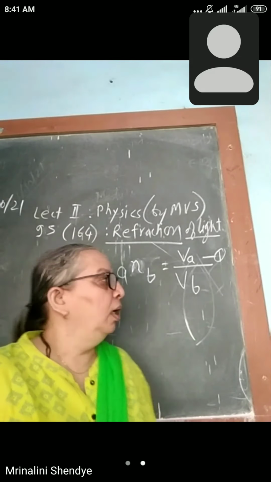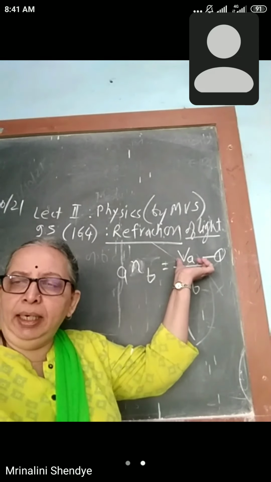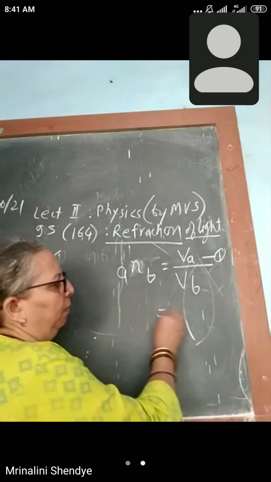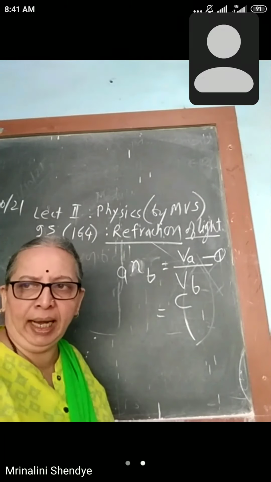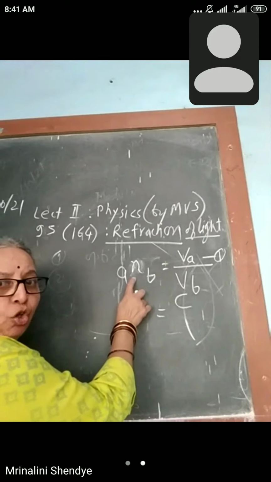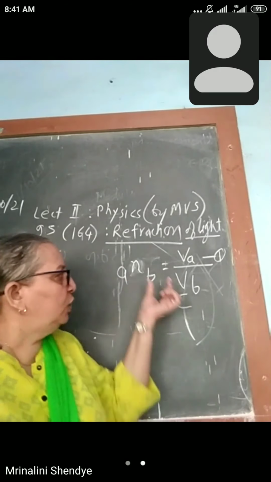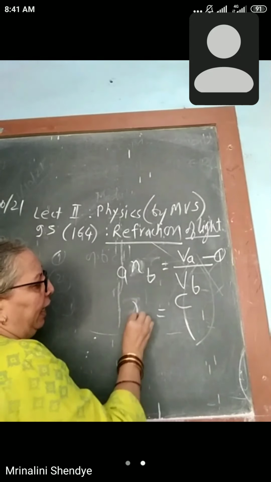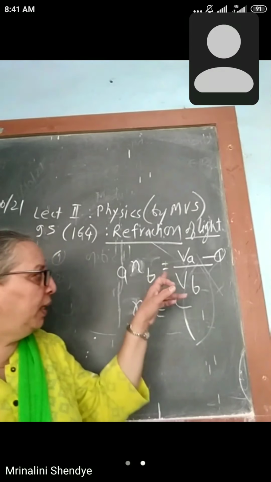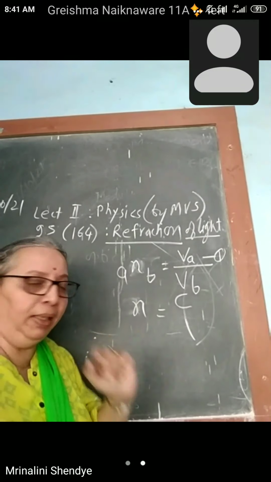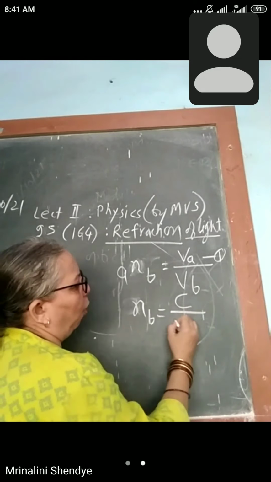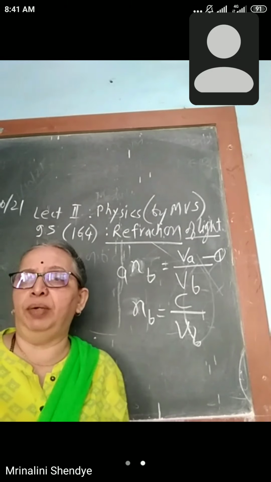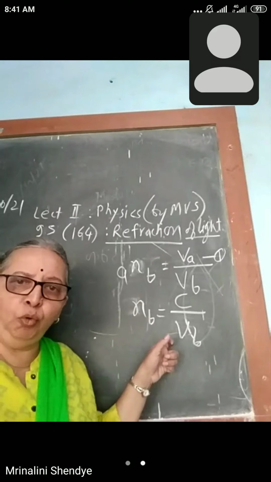If the light is initially traveling through air or vacuum, the velocity in the first medium will be the velocity of light in air, and this is called the absolute refractive index of medium B. So if the first medium is air, we write the absolute refractive index of the given medium, the second, refracted medium B, as C upon V of B. This can be rewritten in different forms. So this is one more form.